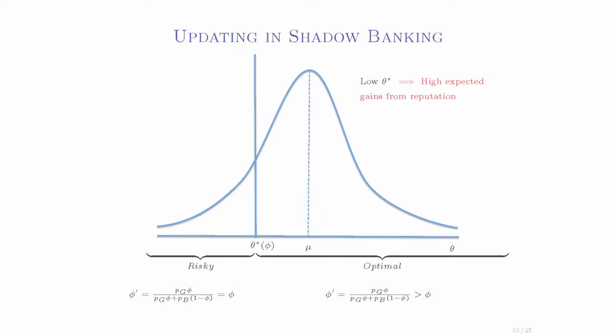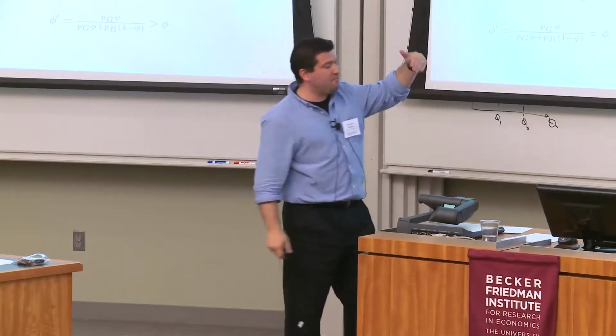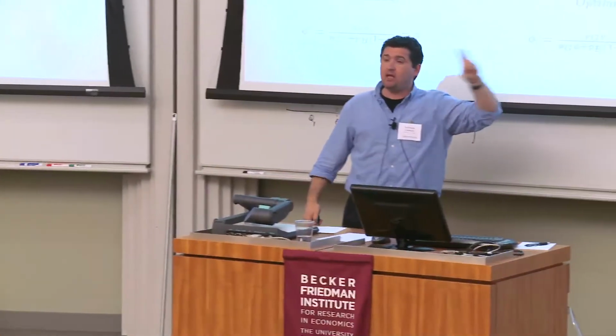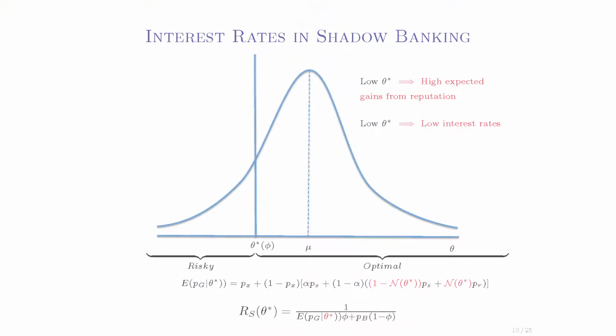So number one, when this theta star, this cutoff that will arise in equilibrium, is low, that implies that there are some high expected gains from reputation, some high expected reputation gains for the bank. Number two, this affects the interest rates. Since interest rates are determined before the fundamentals are realized, they're determined in expectation.